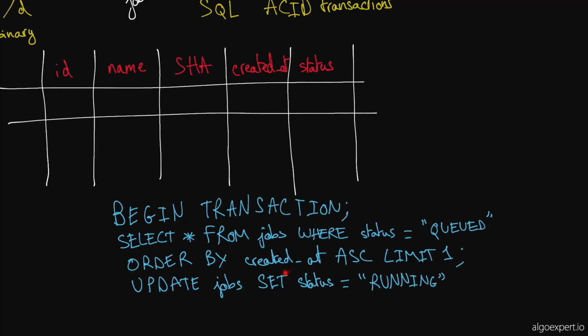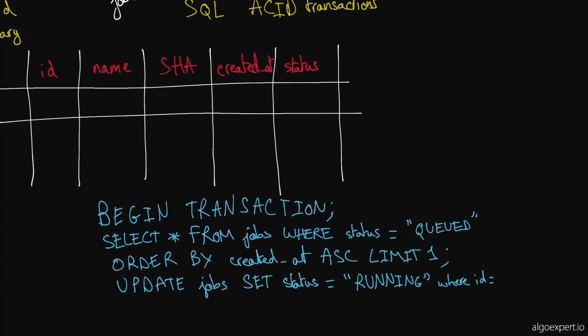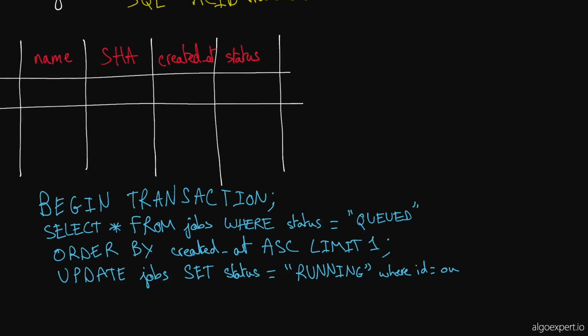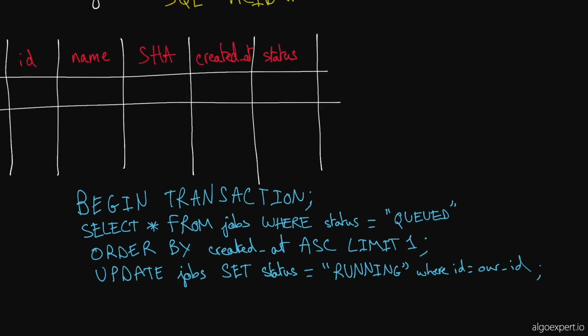From this part of the query where we select the oldest one, we get one row, right? We can refer to it by an ID, so it would be where ID equals our ID or something like that. You understand what I'm doing? I'm just referencing. Okay, that makes sense.